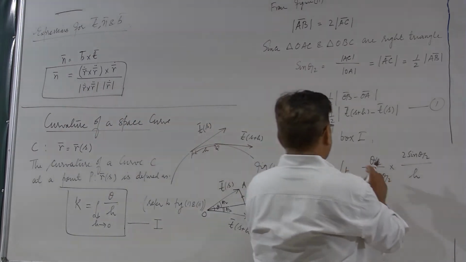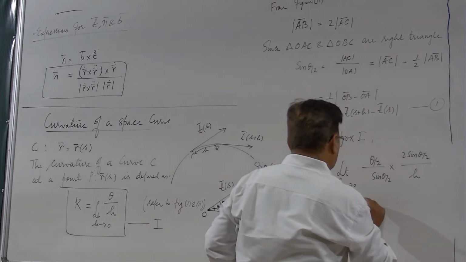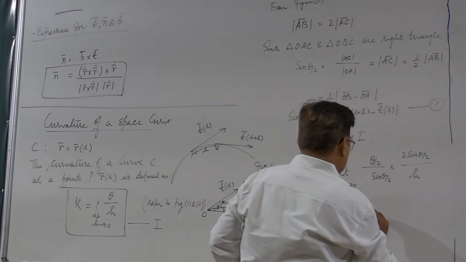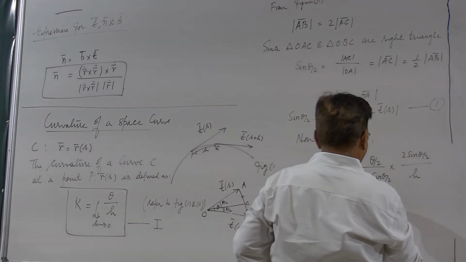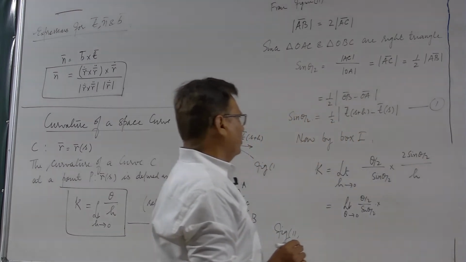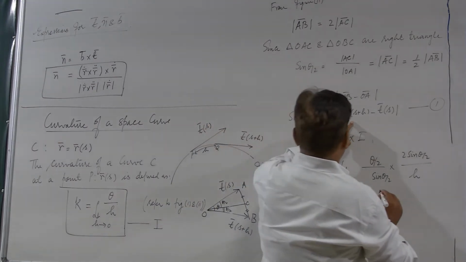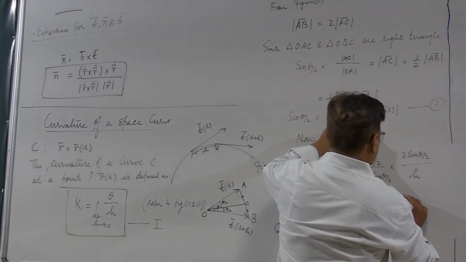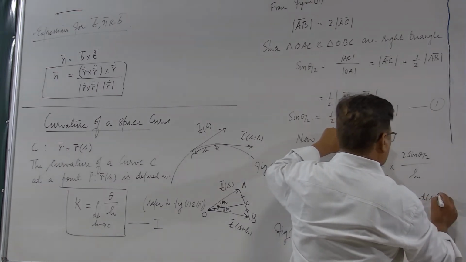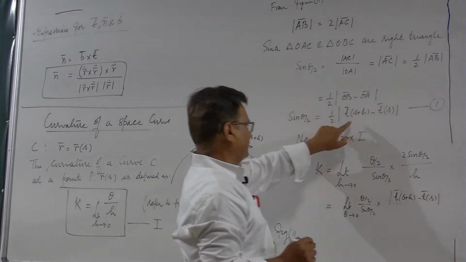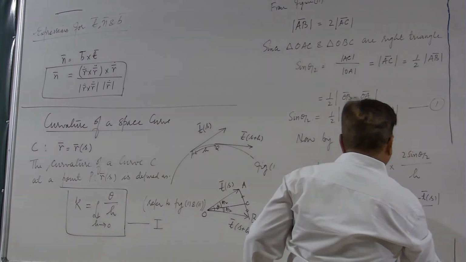So, I can replace the first limit by limit theta tends to 0 of theta by 2 upon sin theta by 2, and in this limit here I can write down the value of 2 sin theta by 2 from number 1. So, this becomes the modulus of T of s plus h minus T of s, under modulus sign because they are vectors, upon h, limit h tends to 0.